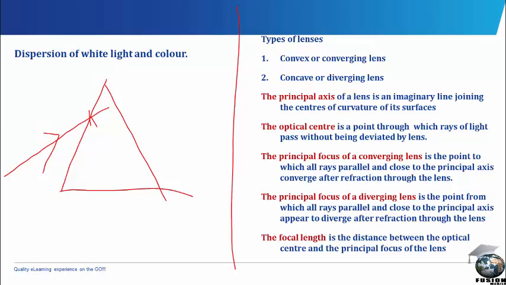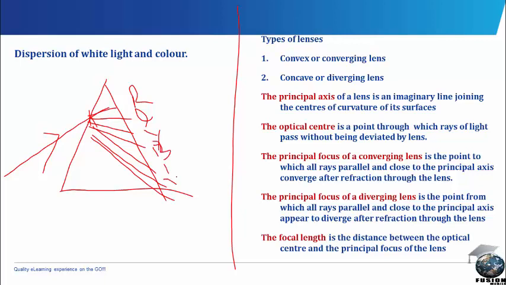We'll have something this way: 1, 2, 3, 4, 5, 6, and 7, which we call ROYGBIV.